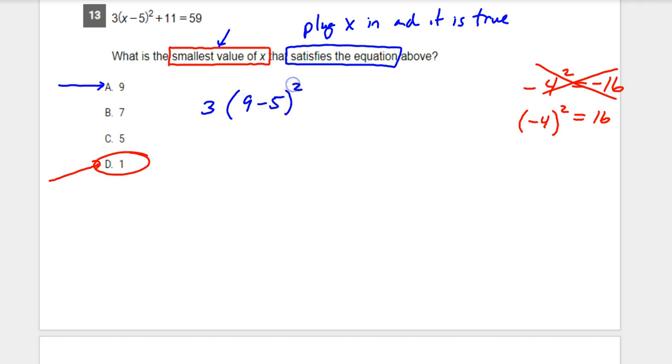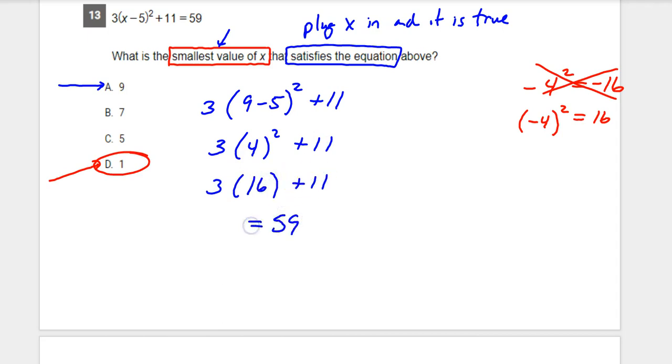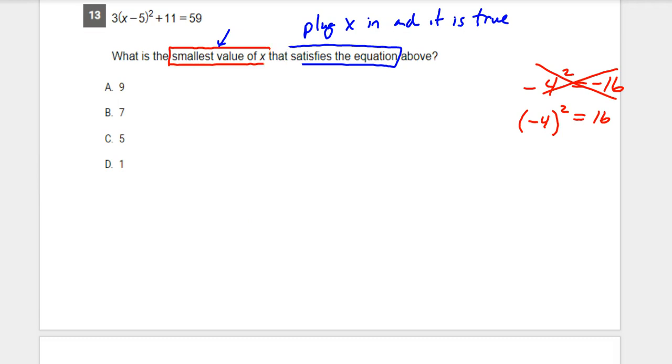You would work that out and you get 3 times 4 squared plus 11, which is also 3 times 16 plus 11, which is also 59. And kids go, yep, it's A. I guarantee that was probably the wrong answer that was picked the most, because it works, but it was not the smallest. So be careful on that. That's the fastest way. That's the way I would do it.